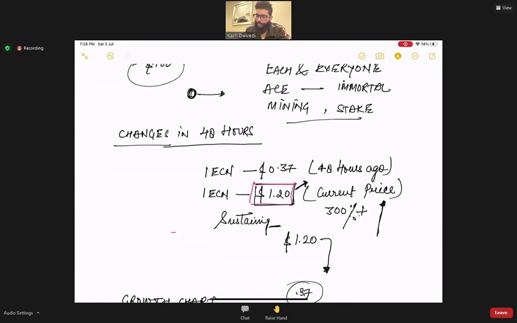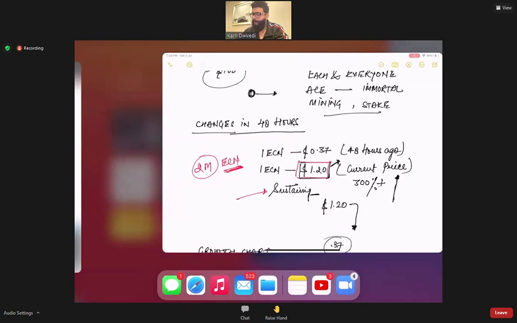And sustainability, nobody is dropping the price. People still have ECN. Where are those 2 million ECN? Why are they not dumping now? Because the mindset has changed. The people who sold yesterday are regretting. I shared a message yesterday that people are crying who sold in this graph.